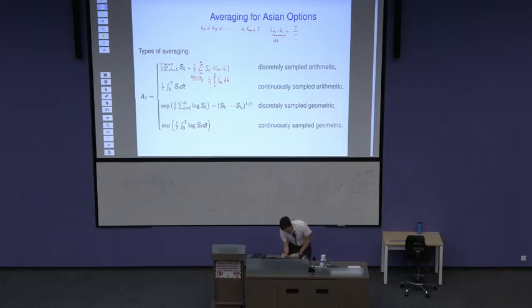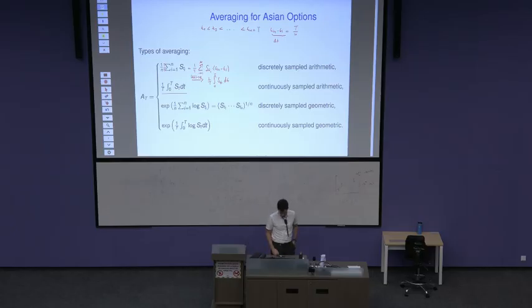Okay, and then we have what is standing here. So then we have the continuously sampled arithmetic average. So that's really how you see that the discrete case is consistent with the continuous case I've written down here. Good. So that's the first way to define an average.